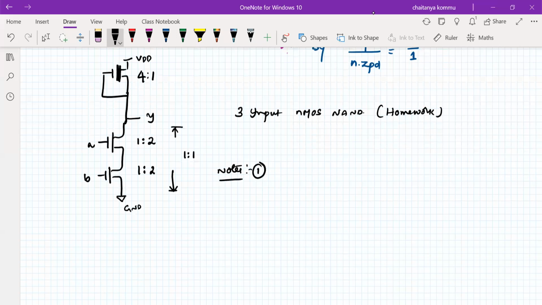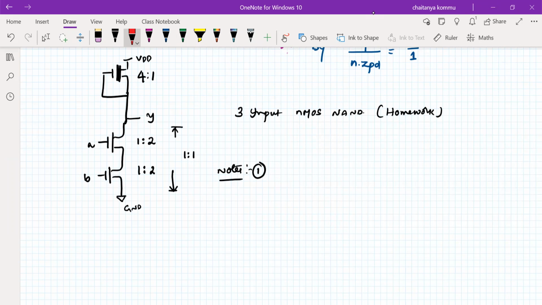Observe that whenever the number of inputs of the gate increases, like 2 input, 3 input, 4 input, 5 input, 6 input, what we need to observe is that the series resistance of the transistors will increase. We observe that the resistance of the pull down network will increase.